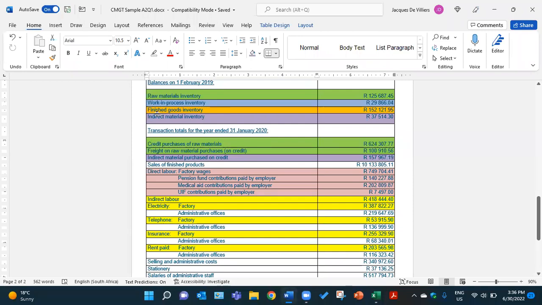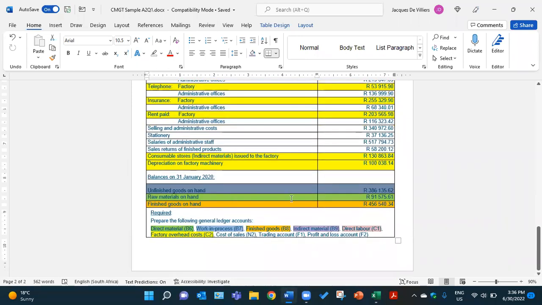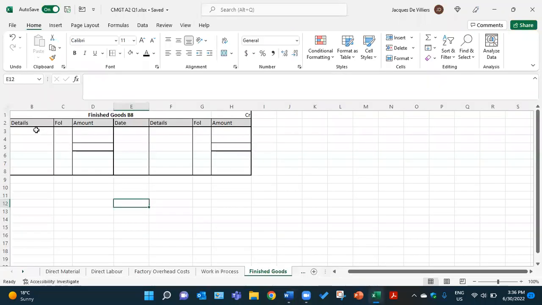I see that I had an opening balance of 152,121, and I have a closing balance of 456,540. Okay, that is what I have. So once again, I start with my opening balance that was brought down and is given as is.